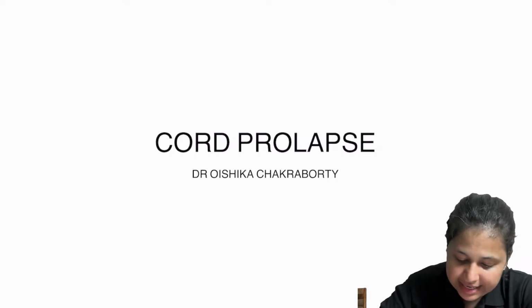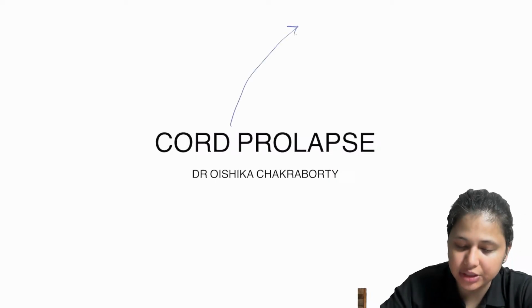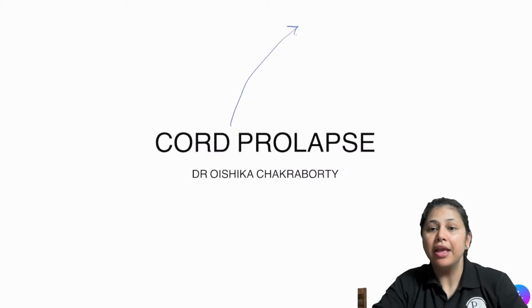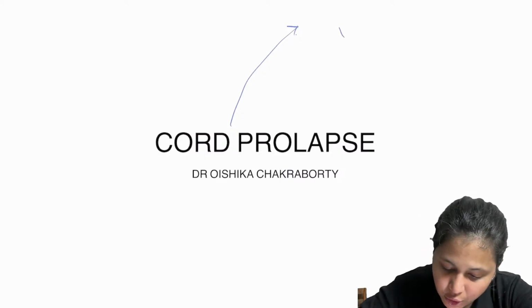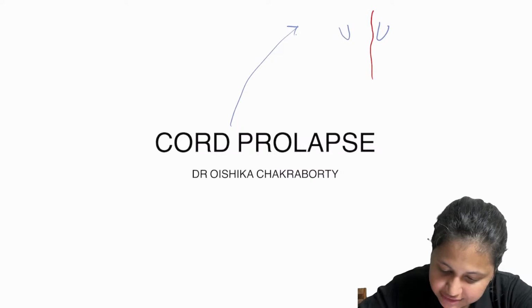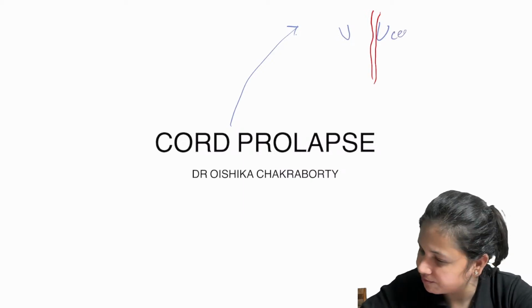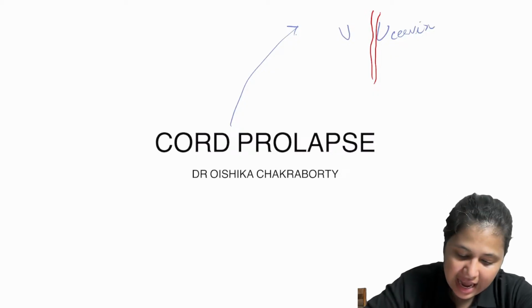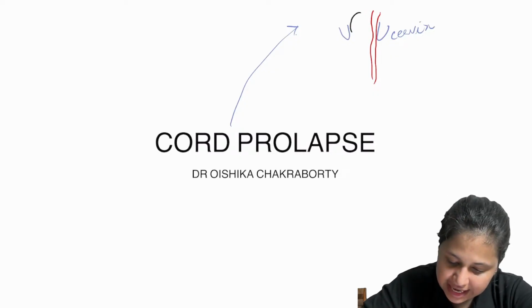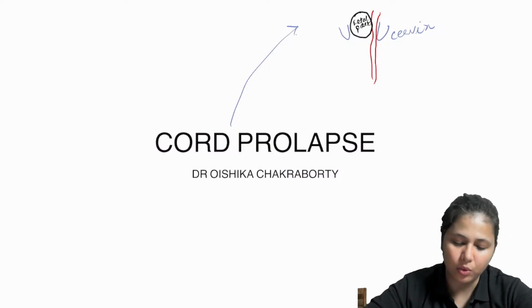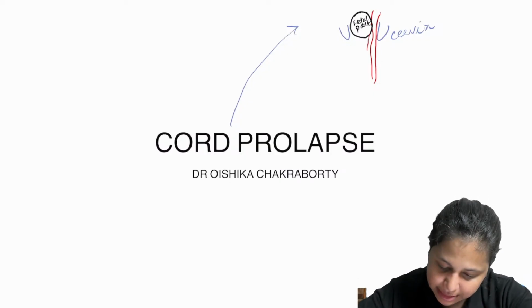Cord prolapse is a dangerous complication which can lead to a lot of problems. What are the problems? If the cord is falling out, what is going to happen? This blue thing is the cervix, and this is the fetal part, and there is a loop of cord that has fallen out.